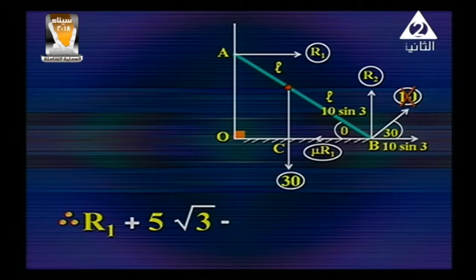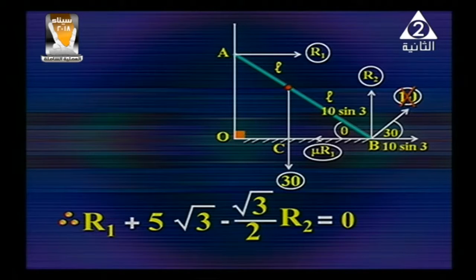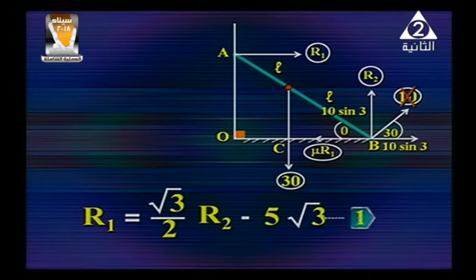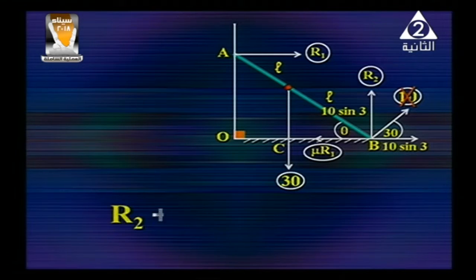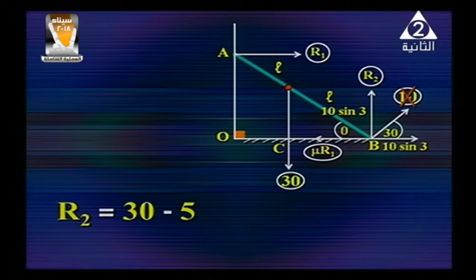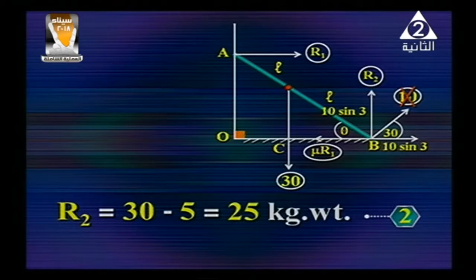Then R1 plus 5 root 3 minus root 3 over 2 R2 equals 0. Then R1 equals root 3 over 2 R2 minus 5 root 3. This is equation number 1. Number 2: R2 plus 10 sine 30 equals 30. Then by substitution, R2 equals 25 gram weight. This is equation number 2.